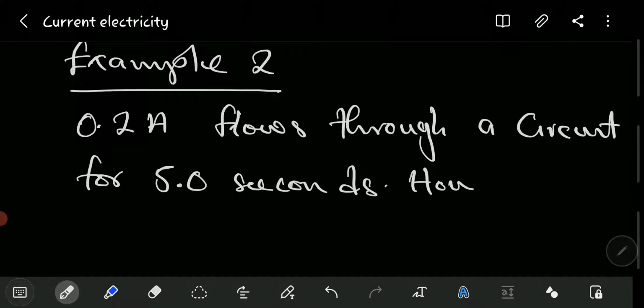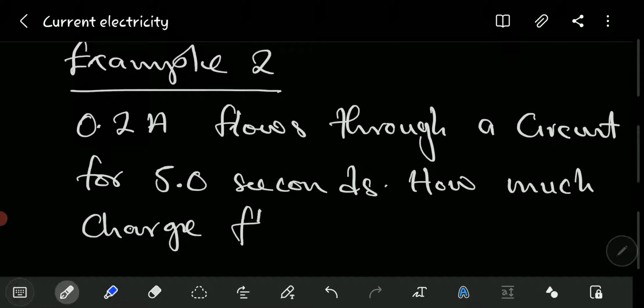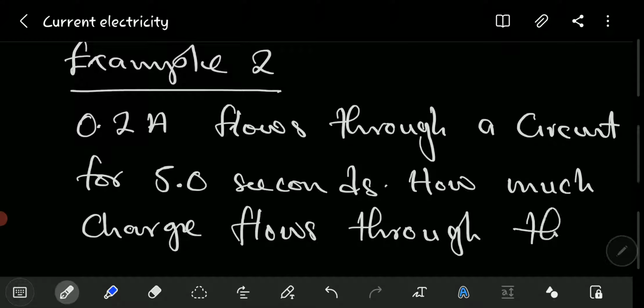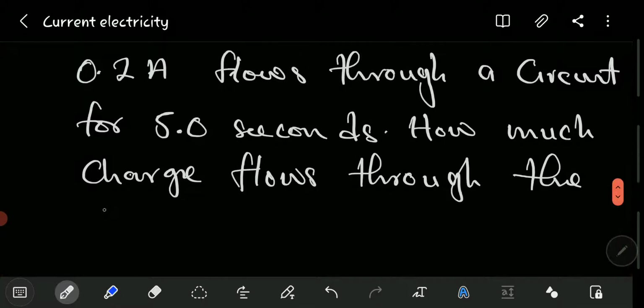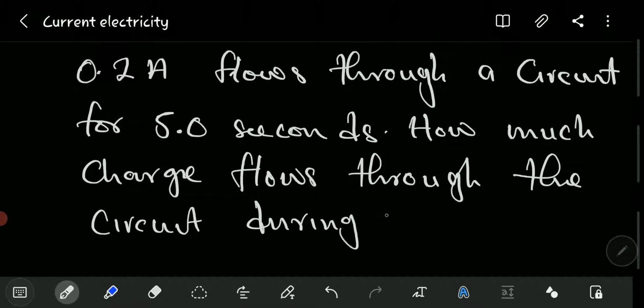How much charge flows through the circuit during the 5 seconds?